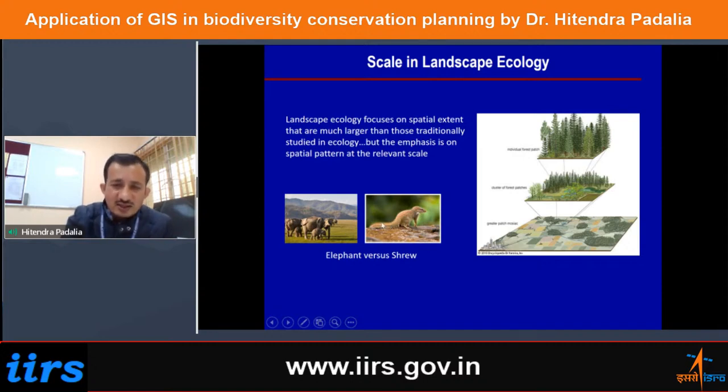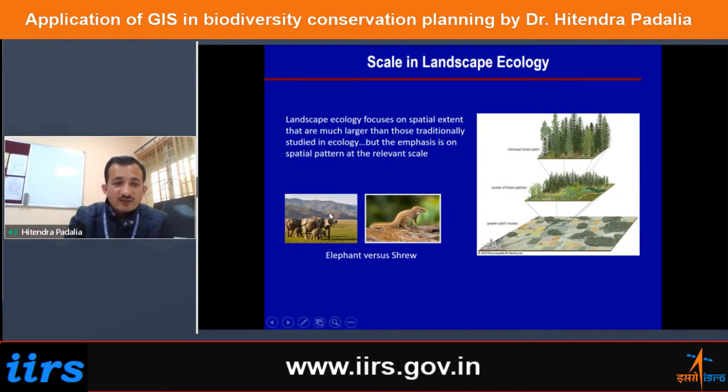So you have to understand these things, and accordingly you have to hypothesize the kind of methods, the kind of analysis you are going to conduct. For example, elephants are long-ranging animals, thousands of kilometers they can move.